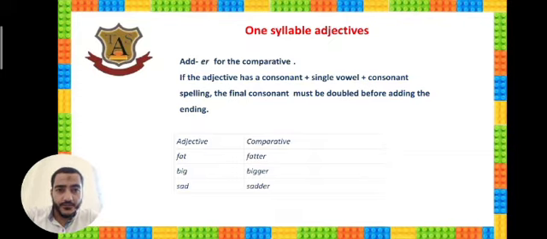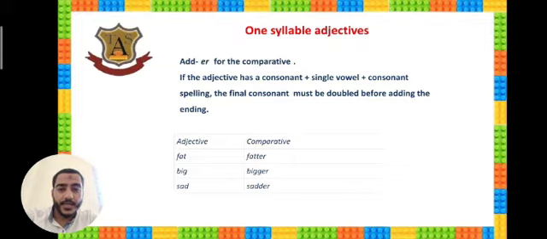If the adjective has a consonant plus vowel plus consonant, the final consonant must be doubled before adding the ending, the er. For example, the adjective fat: F consonant, A vowel sound, T consonant.